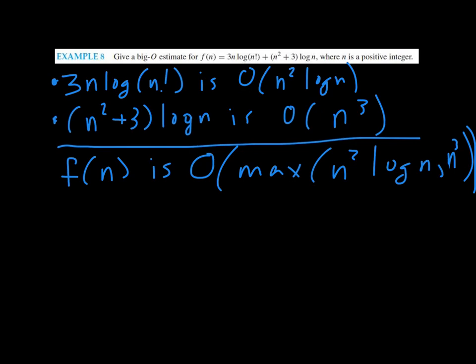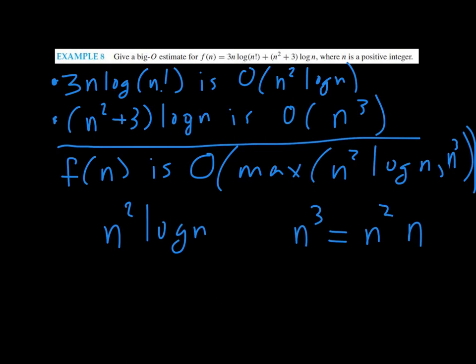So if we try to compare these two, on one side we have n squared log of n, and on the other side we have n cubed. Notice that n cubed is equal to n squared times n. So we have an n squared on this side and an n squared right here, and a log n and an n.